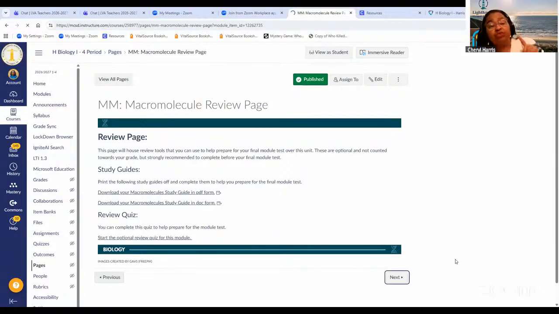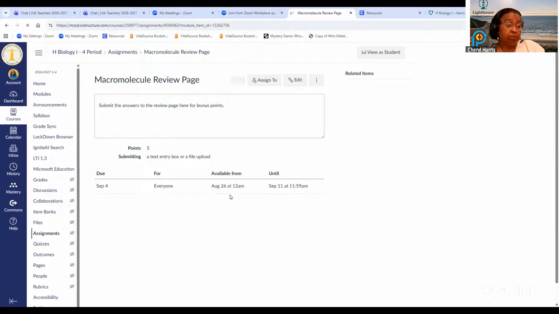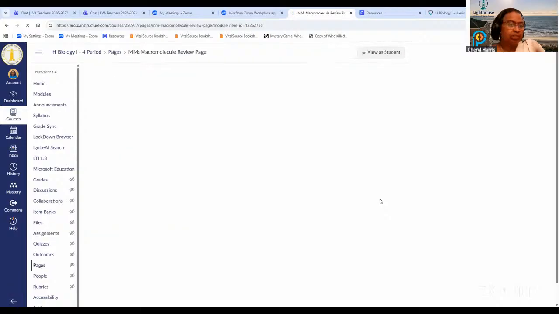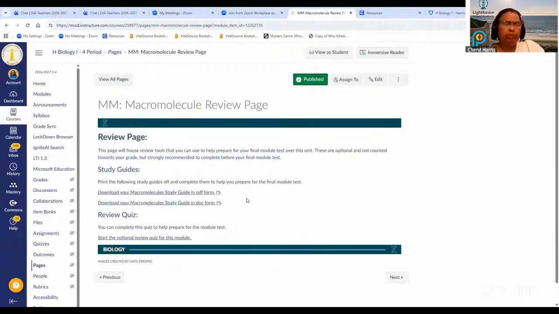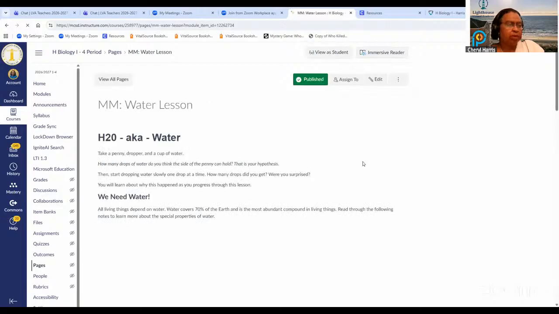I'm giving you credit to turn this in. That's not available tomorrow. So you cannot turn it in until tomorrow. So that's what's available tomorrow. What you should be on today is the worksheet that is in. So there's no worksheet in there. That's just a space for you to upload the completed worksheet from here. Okay. So everybody should be in Canvas. It should be the page right after the water lesson.